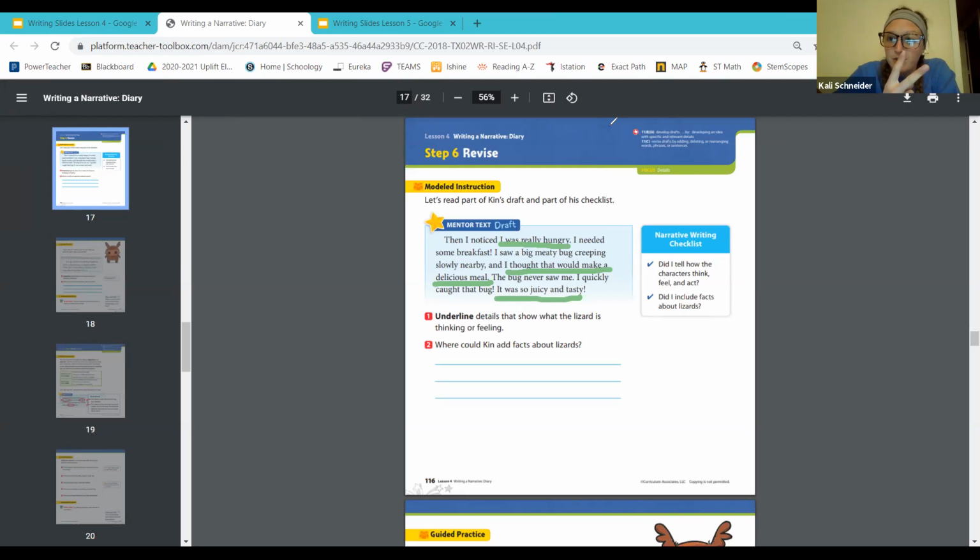So let's look at number 2. It says, where could Ken add more facts about lizards? So did I include facts? There are facts, but where could he include more? So I noticed in this that it talks about the bug never saw him because he thought it would make a delicious meal, that he quickly caught the bug.